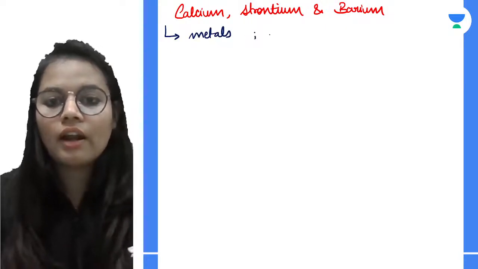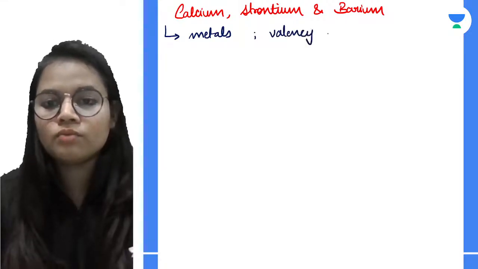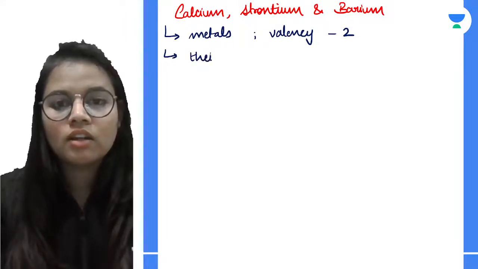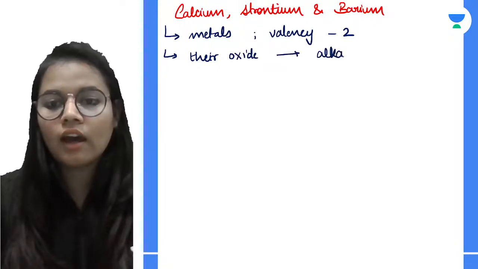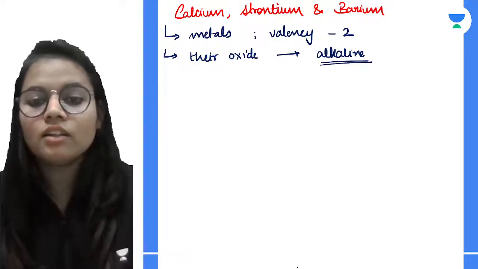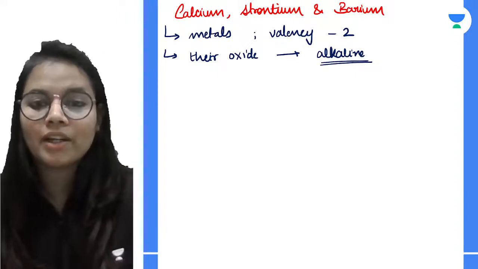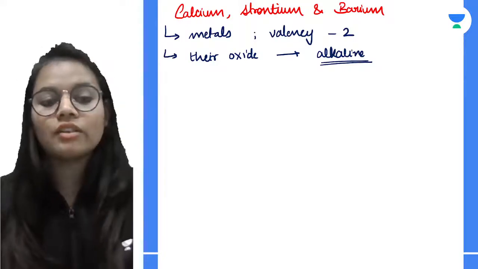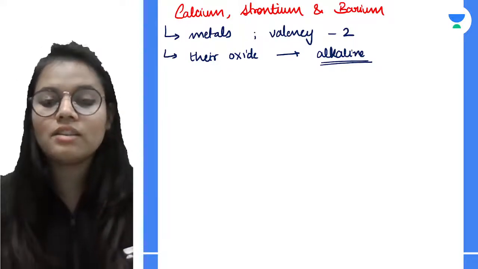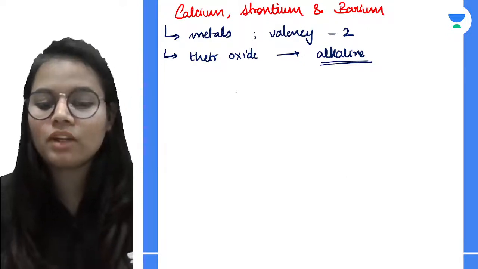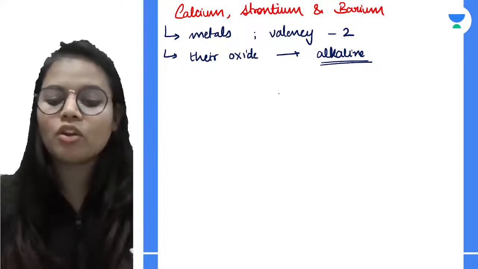Then they all have valency 2, and the third one is that their oxide is alkaline in nature. So these are the three properties: they are all metals, their valency is 2, and their oxide is alkaline in nature. That means they can form a triad since they have similar properties. So he put all these into a triad according to their increasing atomic masses.